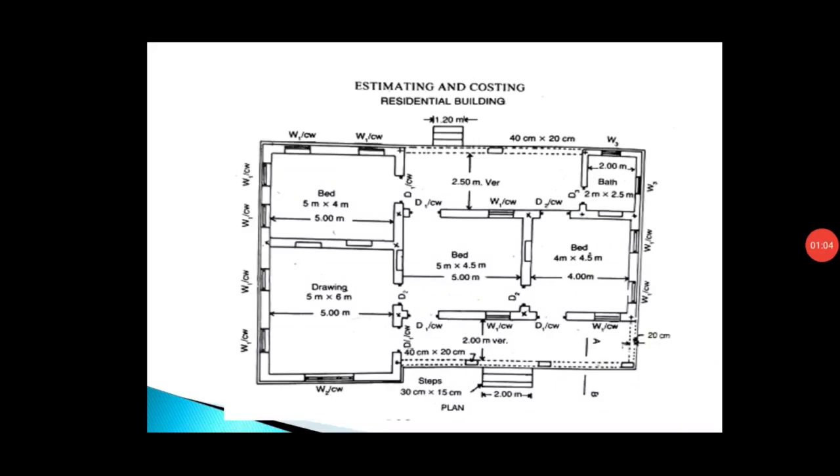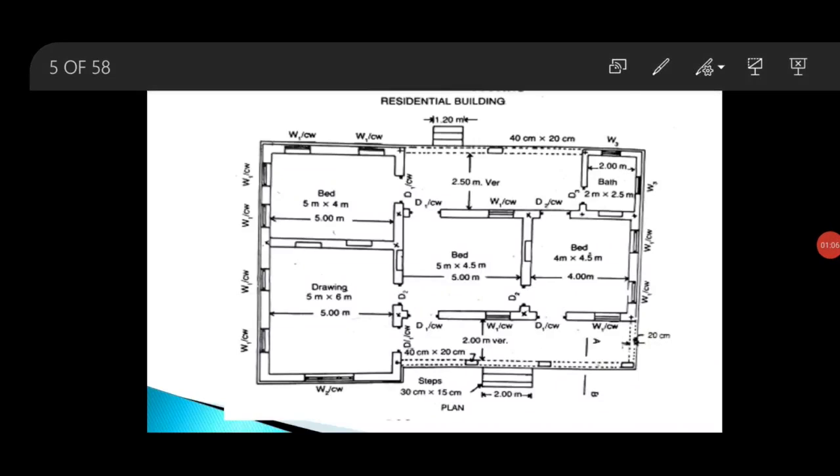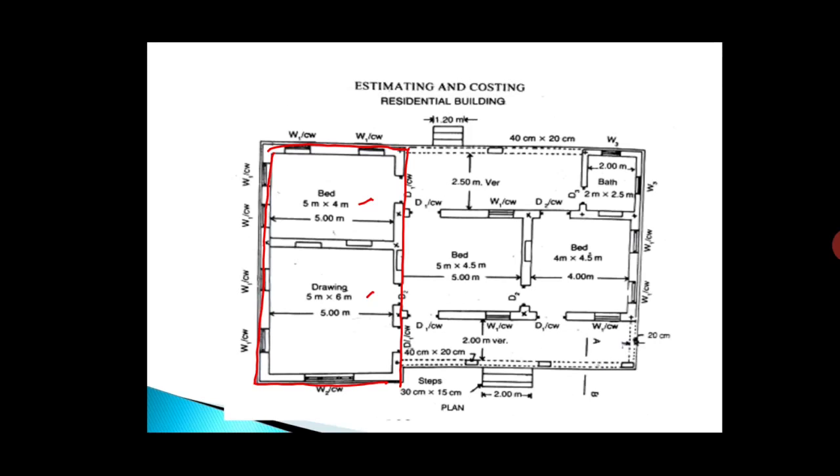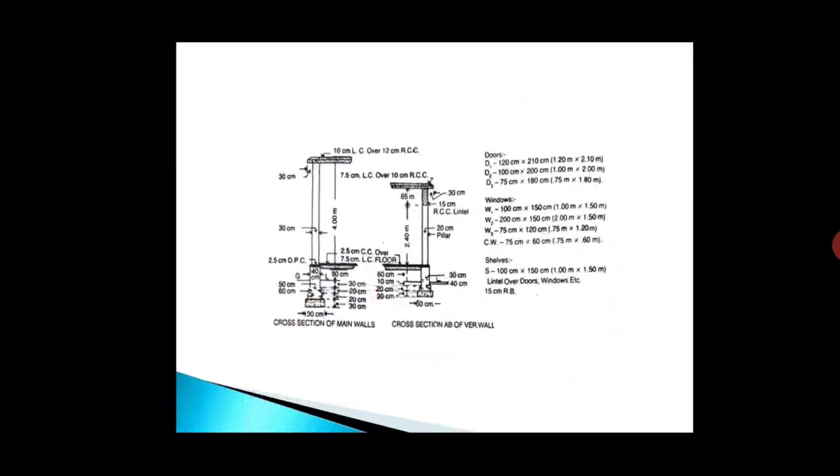So first we will consider the first part of the building, that is this one. Okay, drawing room and left hand side bedroom. Then we will move to the cross sectional diagram.